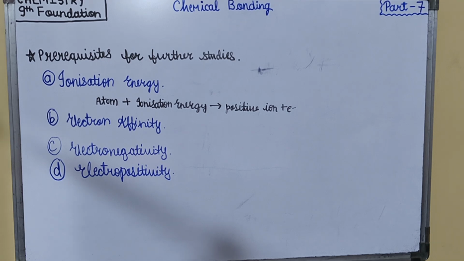The more the electropositivity, the more easily an atom can lose electrons. The basic factor which influences electropositivity is the size of the atom. Atoms of bigger size have lesser hold on the outermost electrons. Hence, elements with large atoms are more electropositive.